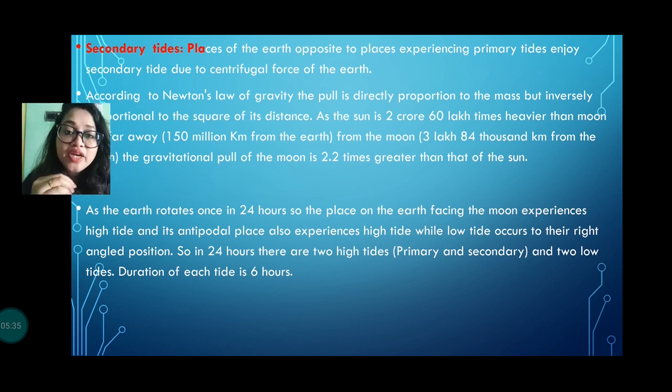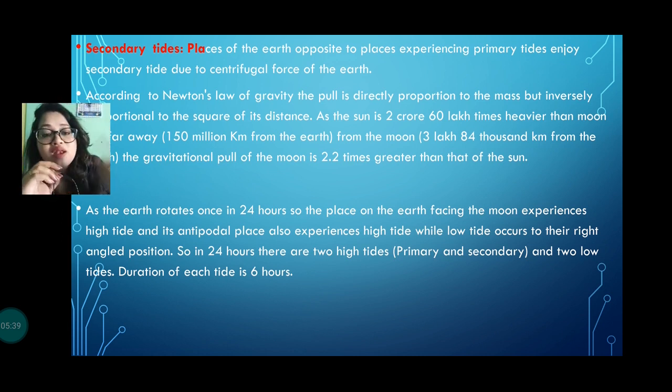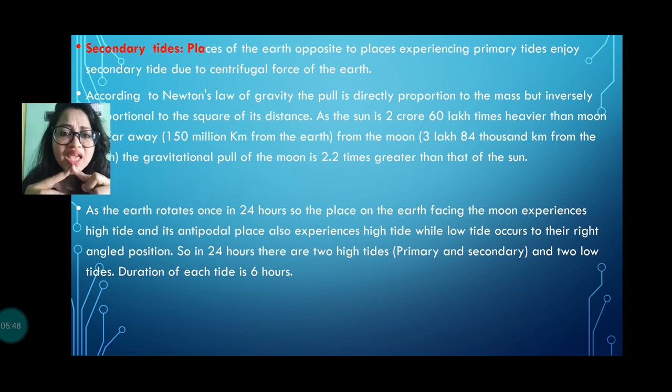Again, the earth rotates once in 24 hours, so rotating once on its axis, 24 hours, means one day, right? The place on the earth facing the moon will experience high tide, and its antipode place will also experience high tide, while low tides occur at their right angle positions. So in 24 hours there are two high tides, primary and secondary, and two low tides.